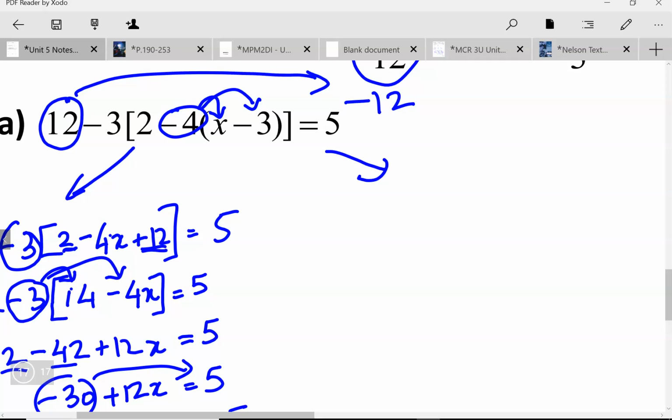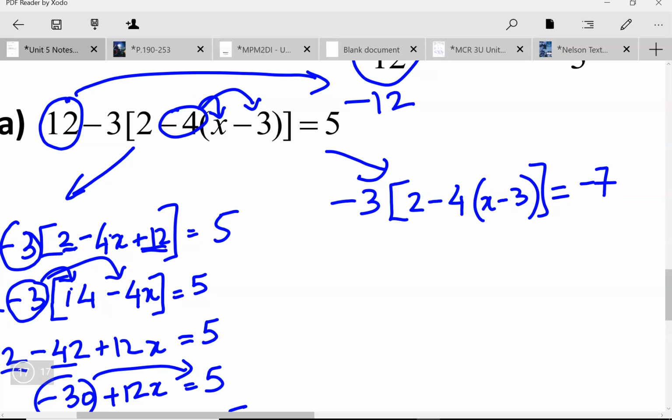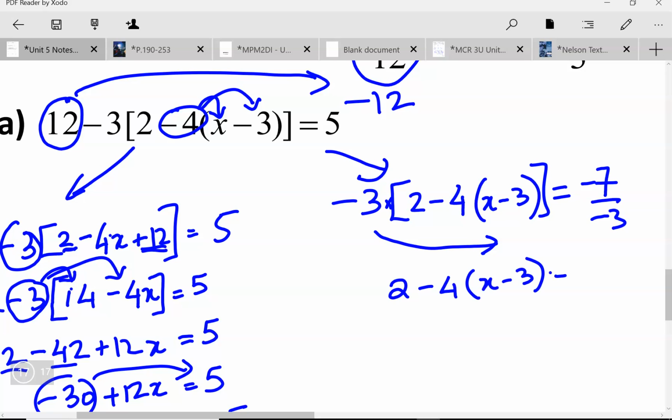So it's going to be -3 bracket 2 minus 4 bracket x minus 3 equals -7. And now I have to divide by -3 because it's a multiplication here and I'm moving it that side. So I'm going to divide by -3. So what I get is 2 minus 4 bracket x minus 3 equals 7 over 3.